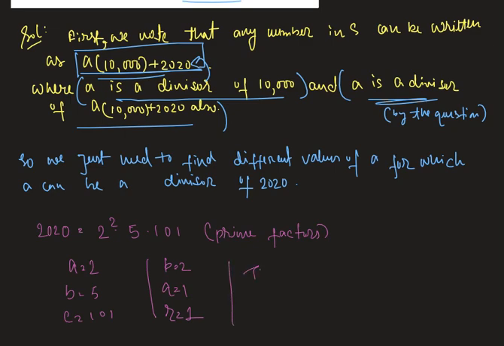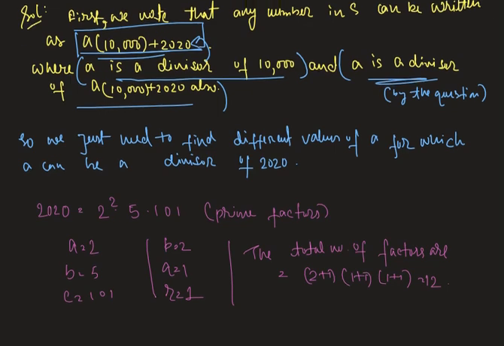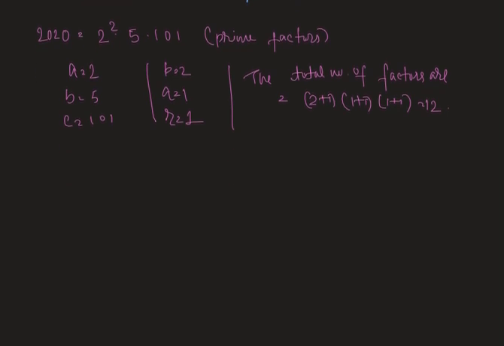Therefore the total number of factors is (2 plus 1) multiplied by (1 plus 1) multiplied by (1 plus 1), which results in 12. So there are 12 factors of the number 2020.